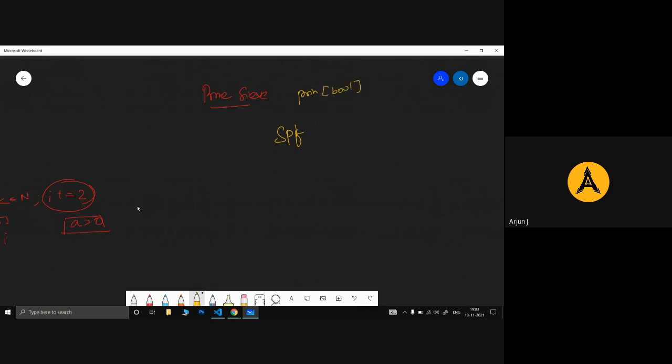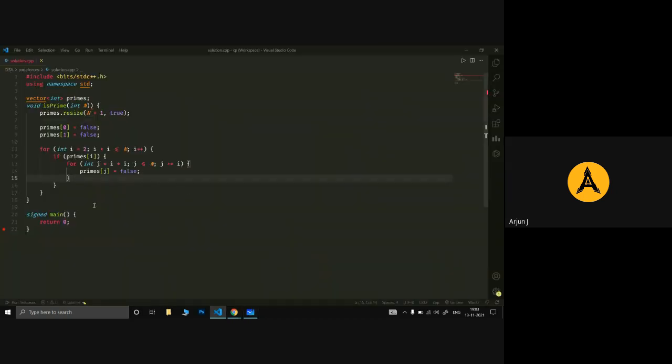But here what we are going to do is maintain a number which is going to say the smallest prime factor for that particular number. So I hope you get it. It is just based on the prime sieve. I hope you will be able to understand this directly when we see the code, and then let us have a dry run so that you understand the problem better.